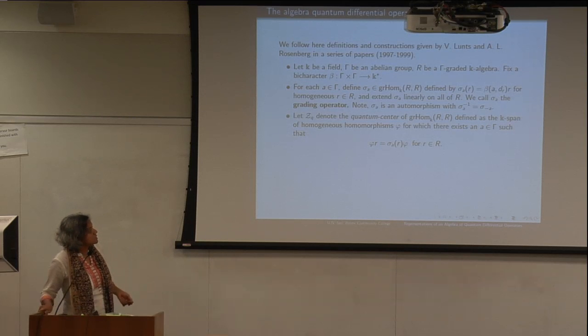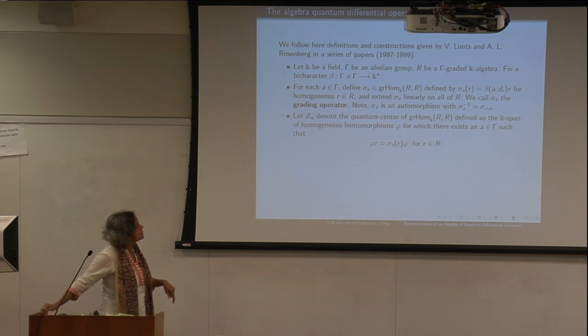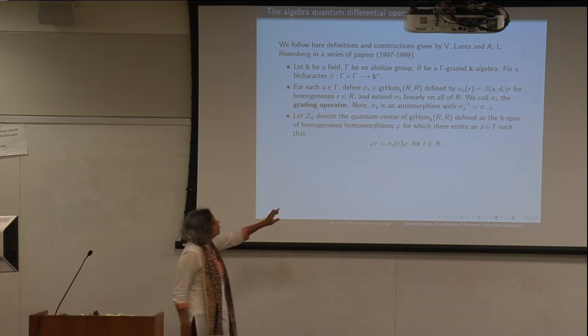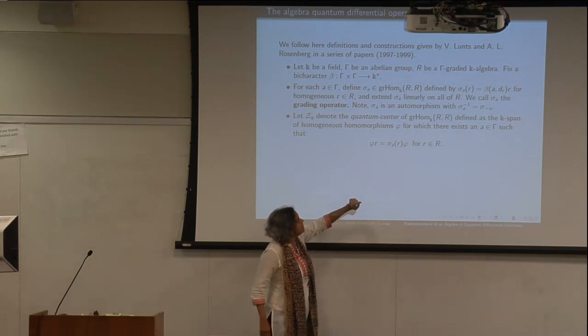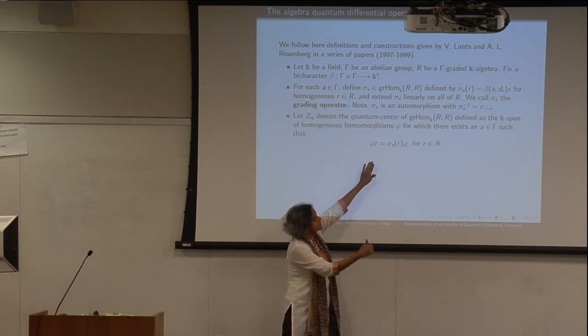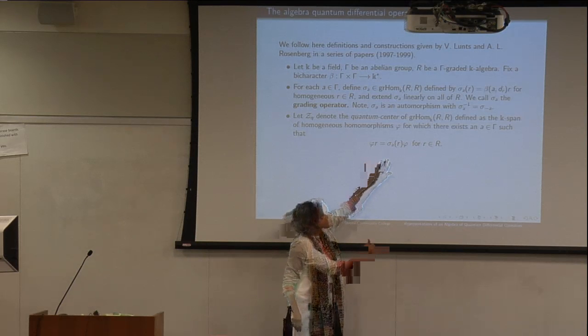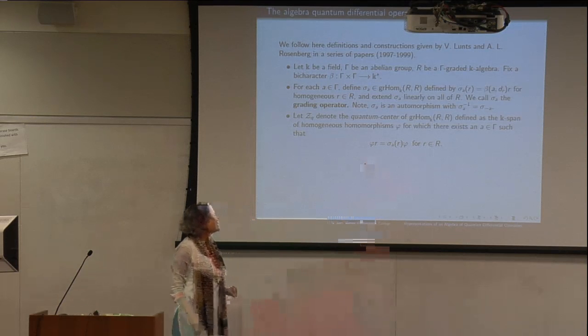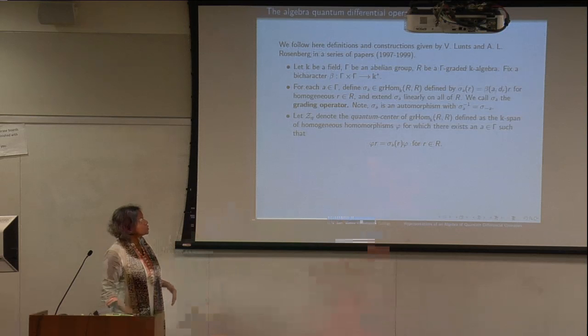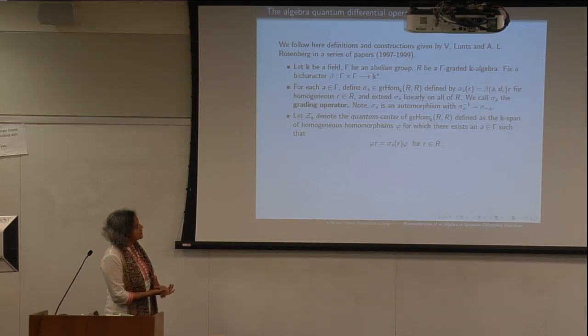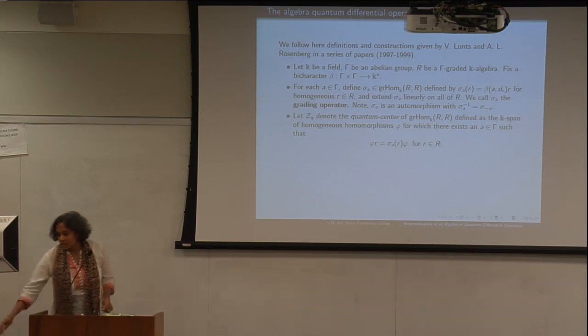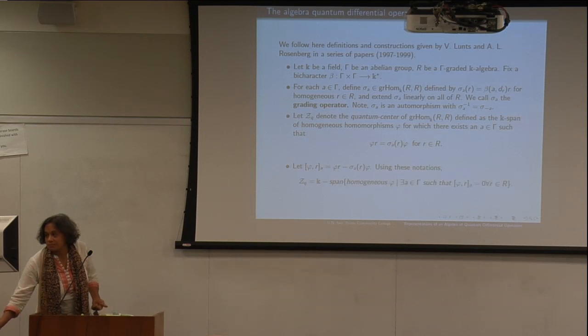So what is the quantum center? Start with homogeneous homomorphisms phi such that right multiplication by r is just a skew left action by r. This set is not even closed under addition, you see. So consider the K-span. This is the quantum center.